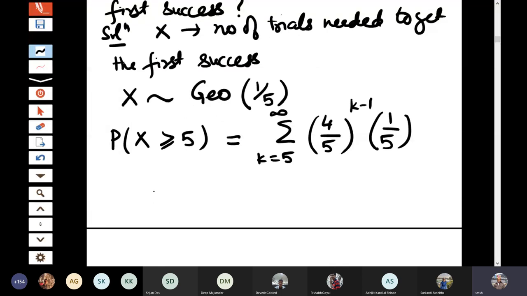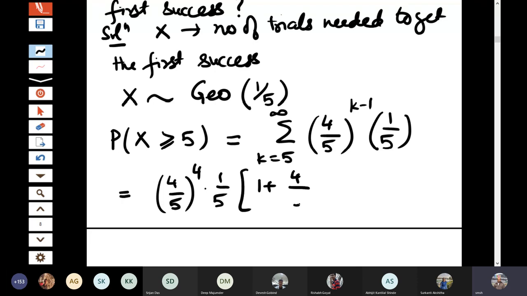Again, it is directly the geometric sum. Only thing is you have to adjust the terms here, because the first term is (4 by 5) to the power 4 into 1 by 5, and thereafter you are having this sum.